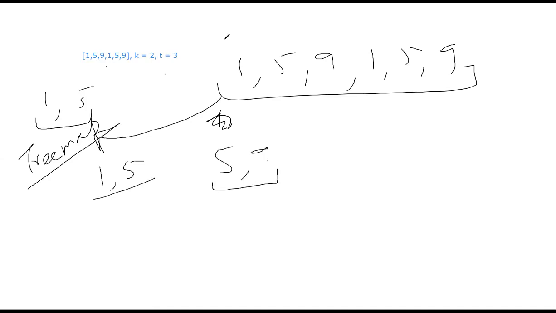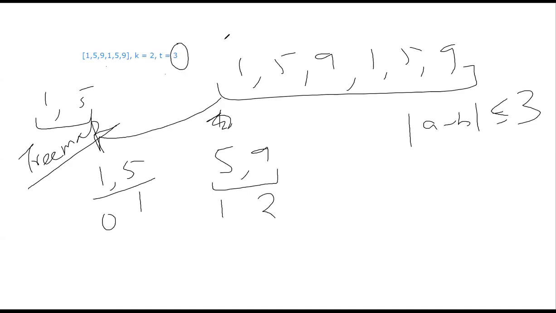But my question is, how will you find whether there's another number such that the absolute difference a minus b is less than or equal to 2 in this case? We use a map to record the index of each element, like 1 maps to 0, 5 maps to 1.